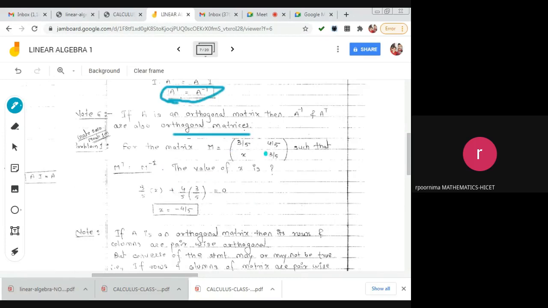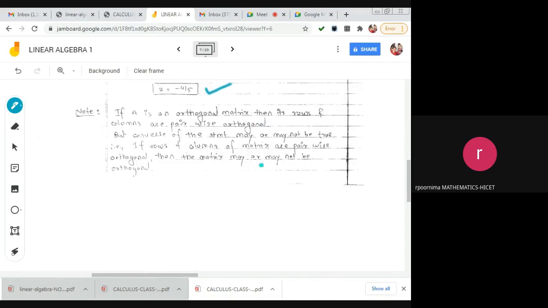So the normal calculation method you just apply, you will be getting the answer. x is minus 4 by 5. It's the normal method. Next, if A is an orthogonal matrix, then its rows and columns are pairwise orthogonal. But the converse of the statement may or may not be true. If rows and columns of a matrix are pairwise orthogonal, then the matrix may or may not be orthogonal. That you have to remember.